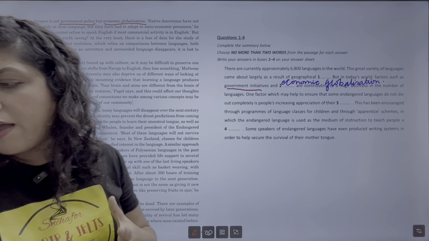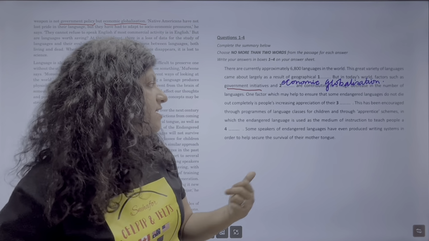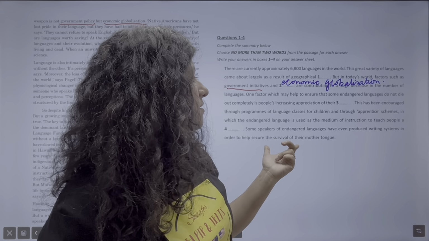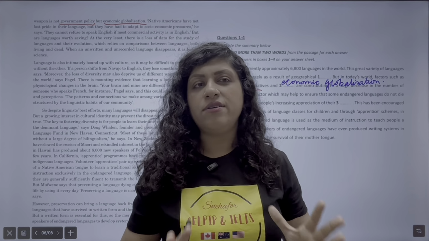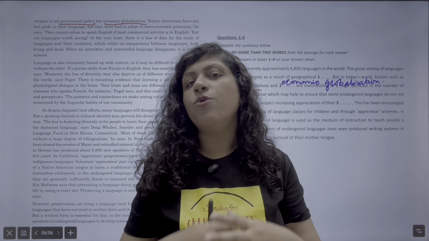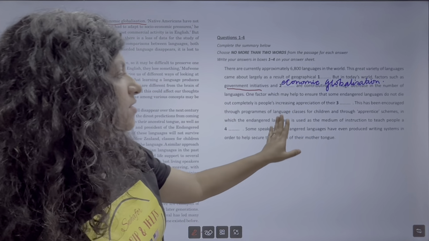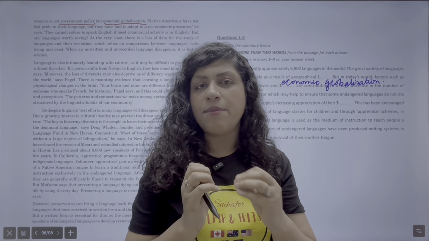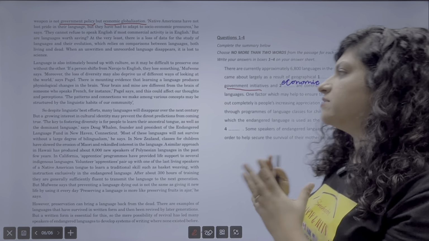And basically we have to answer what that one thing is that people should do to make sure that these languages do not completely go extinct. So something related to people, and they should be appreciating something. That is what we have to answer.